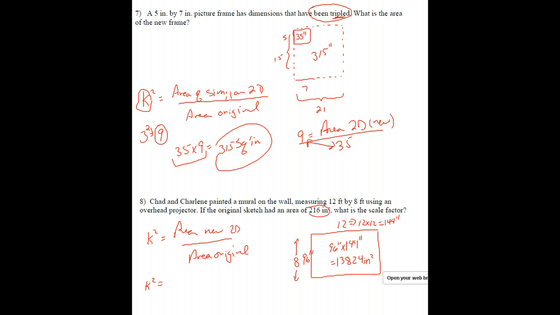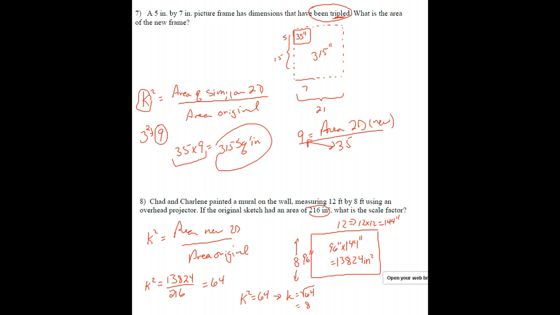So scale factor, area of the new 2D object, 13,824, divided by the area of the sketch that they started with, 216, works out to 64. So the scale factor squared is equal to 64. So the scale factor, you need to get rid of the square, and you do that by taking the square root. Scale factor is 8.